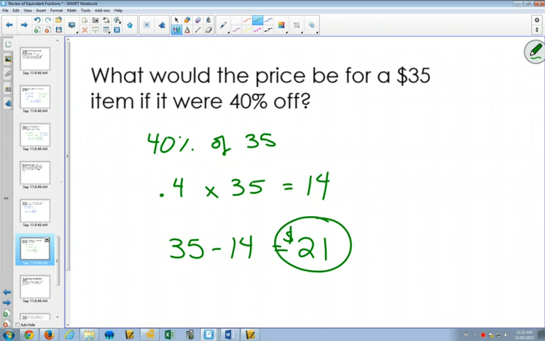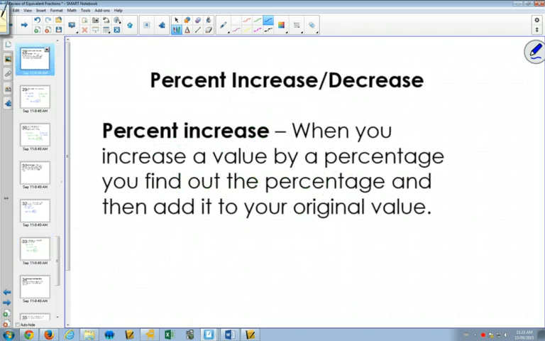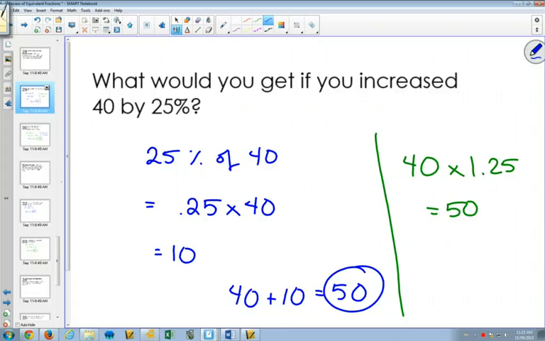Okay, good. Excellent. Now, one of the things that we saw when we did percent increase, so I'm going to go back to what we were doing when we did percent increase. Remember, we did this way and then added it, and I said, well, you could also do percent increase by multiplying by 1.25. So if you want to increase something by 25%, basically what happened is we started with 1 and added the 25%, which is 0.25.